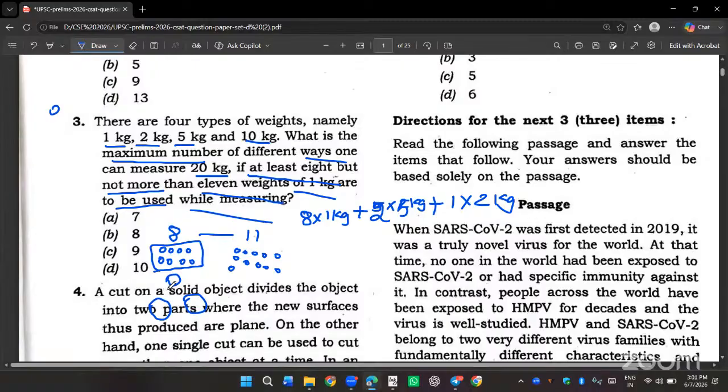This is possible. Then similarly, 8 1 kg, that is 8 kg, plus 1 2 kg, so 10 kg, plus 1 10 kg weight.